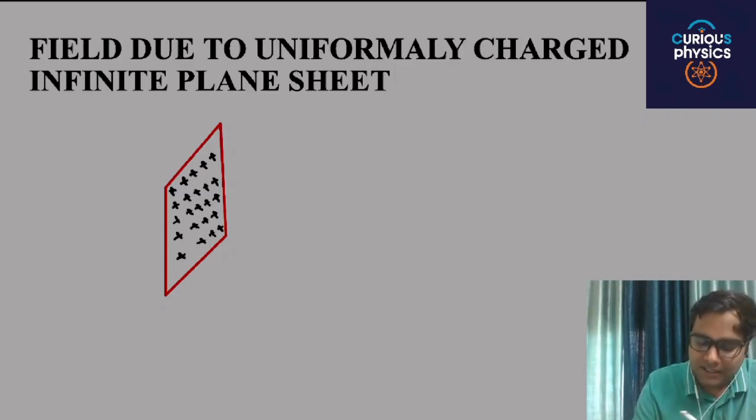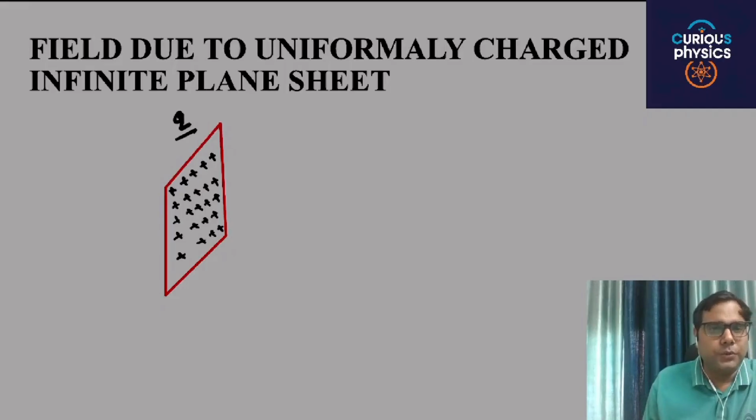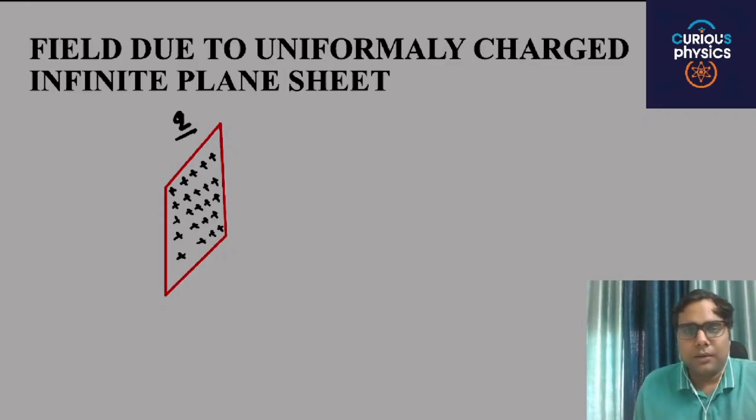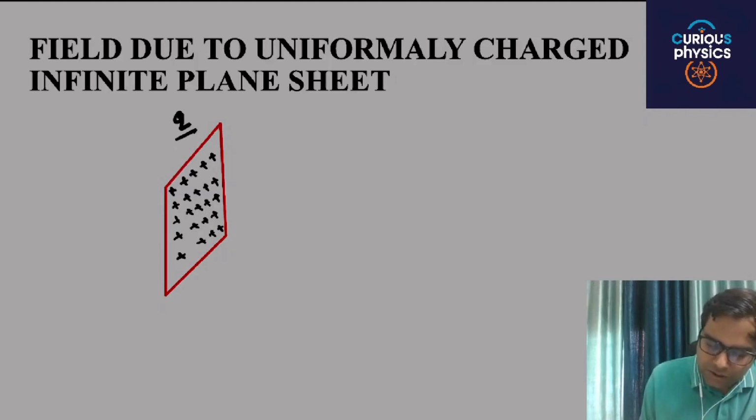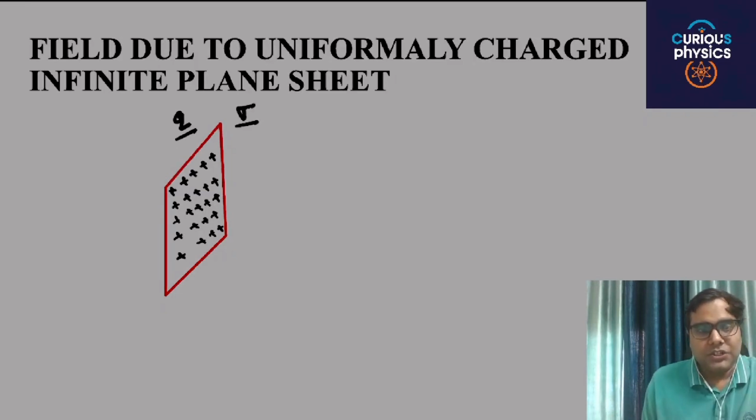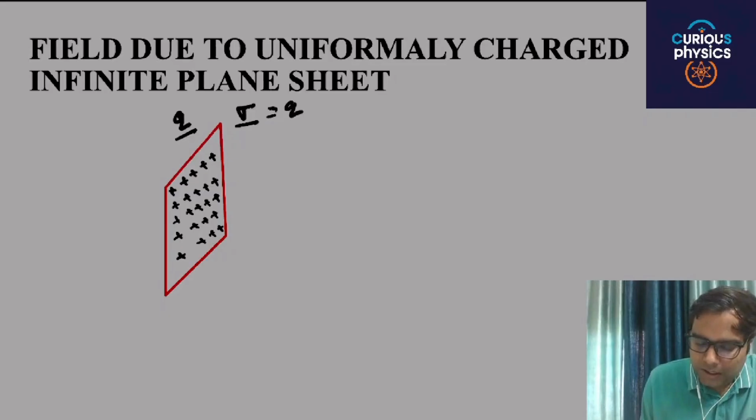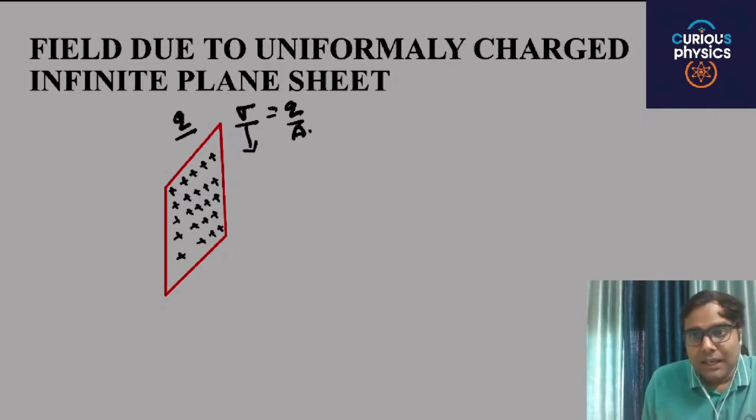Areal charge density. For example, the charge is Q, distributed in this particular sheet, and the charge density will be sigma. This is the charge per unit area. In the case of a sheet, you have to define areal charge density.